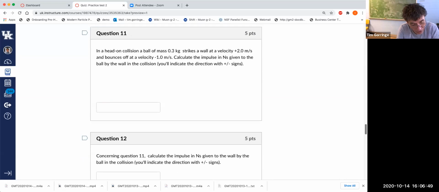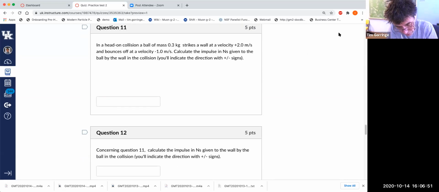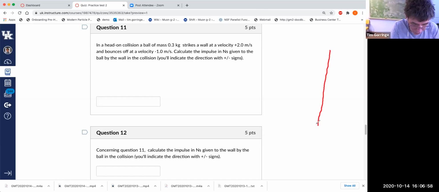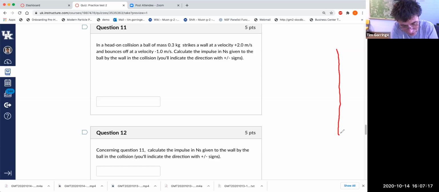And I will start by making a sketch. So here's the wall, not a very vertical wall, is it? That's bothering me. I mean, it doesn't need to be a vertical wall, so I don't know why it is bothering me, but it did. And so we've got the ball that's heading towards the wall.